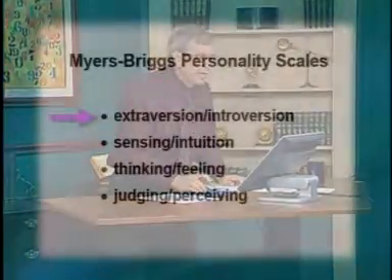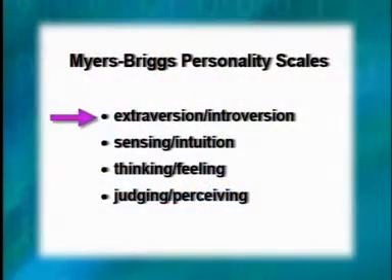And here's the way the test works. After you've answered about 100 multiple choice questions, the Myers-Briggs test takes those answers and then presents you with a summary of your personality or preferences along 4 scales. These scales are the scale of extroversion, introversion, the scale of sensing and intuition, a scale called thinking, feeling, and a scale called judging, perceiving.